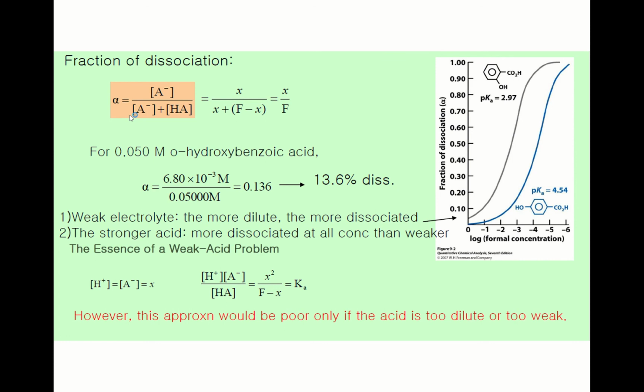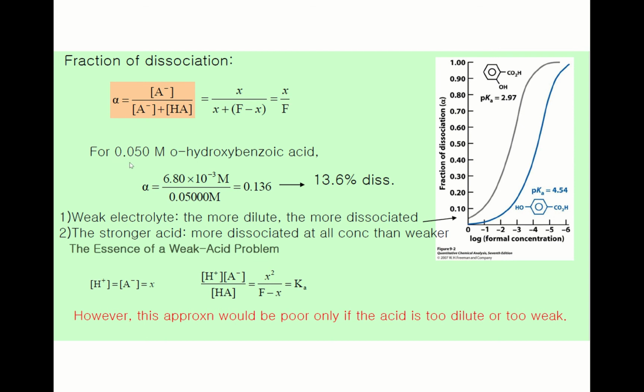The denominator is the total concentration, in other words the formal concentration of weak acid, and since it is dissociated, we consider the anion concentration. If the anion concentration is x, then it is given by this one. And this is the definition of a fraction of dissociation.